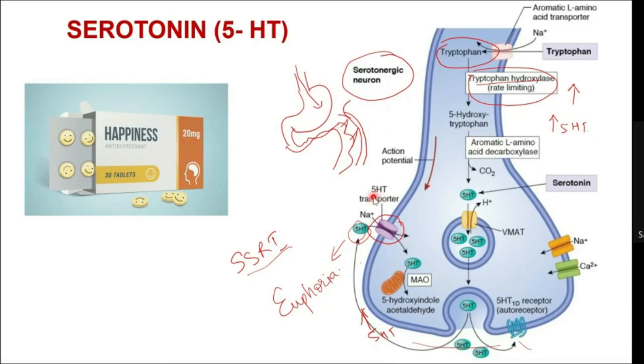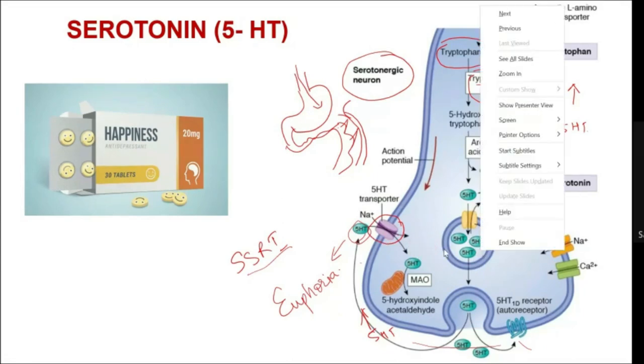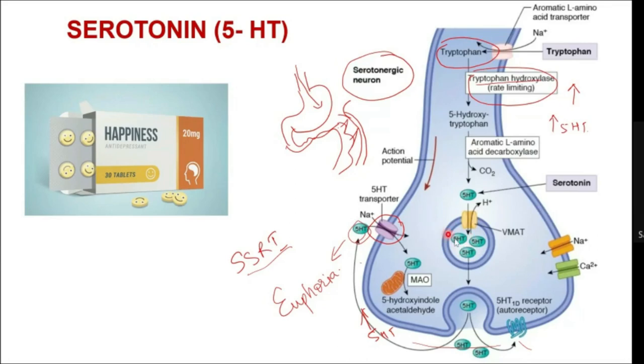This transporter is the 5-hydroxytryptamine transporter, and this is a co-transporter or symporter, where along with the 5-hydroxytryptamine, sodium also gets inside. Once this 5-hydroxytryptamine is there, again it has two fates. One, it can go back and stay in the synaptic vesicles, get stored there, or it can be metabolized.